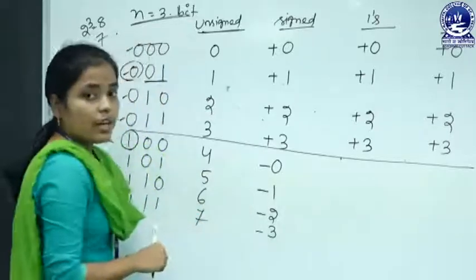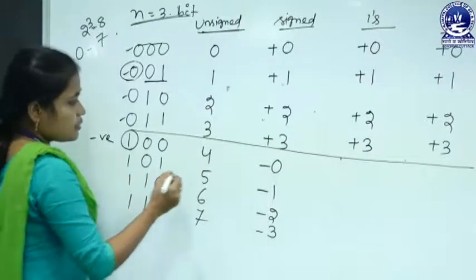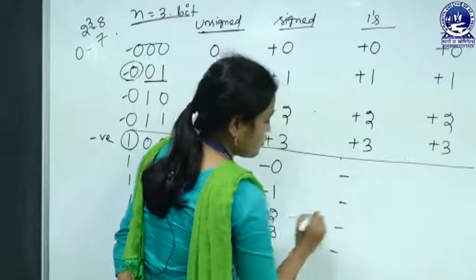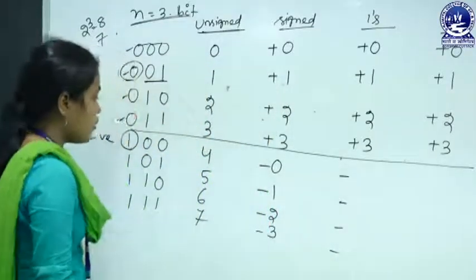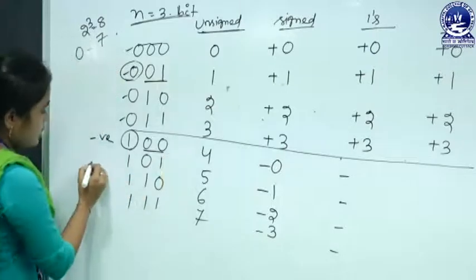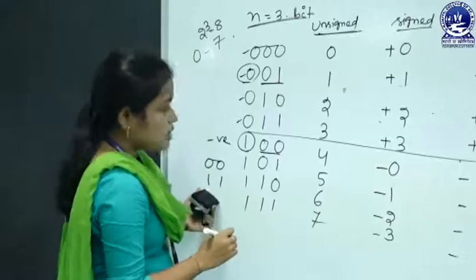So, what will be the value for this? Minus 0 means it will be in the negative value. So, first put this. When we convert this value, it will be 1 and 1. So, 1 value is 3.